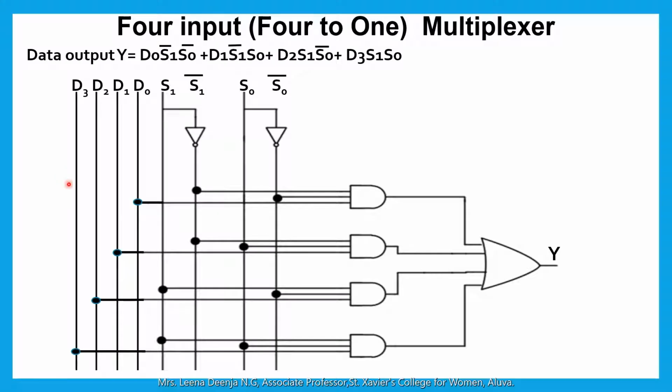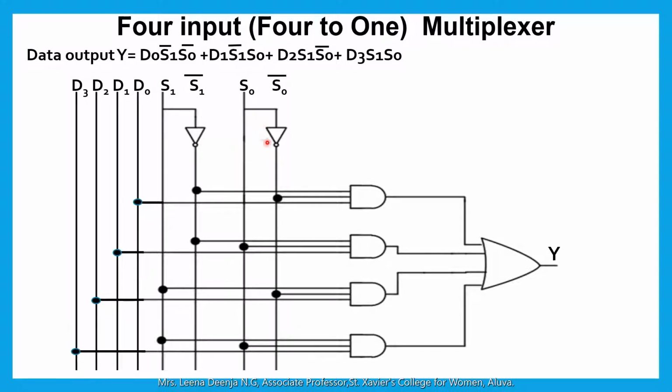We can realize 4 to 1 multiplexer using 4 AND gates and 1 OR gate like this. Here the data inputs are D0, D1, D2 and D3. Data select inputs are S1 and S0. We connect one NOT gate to this S1 input, then we get S1 bar.